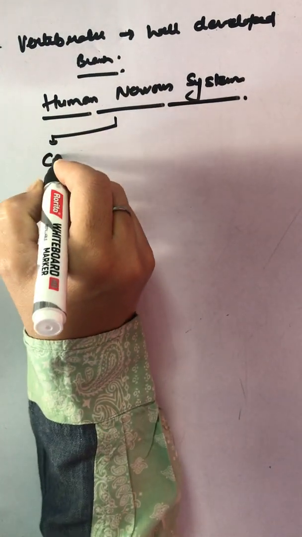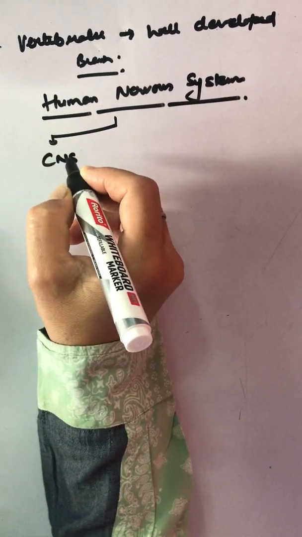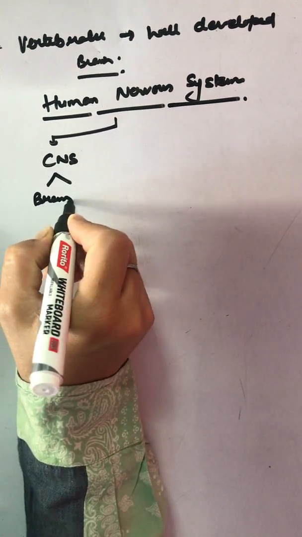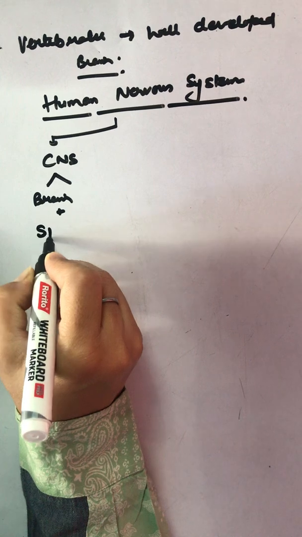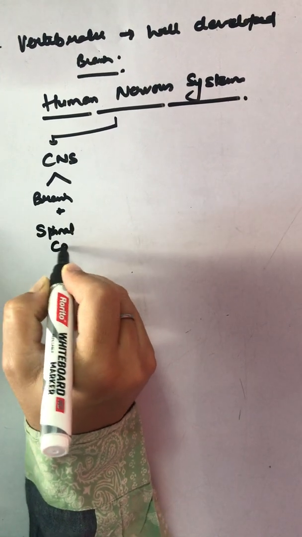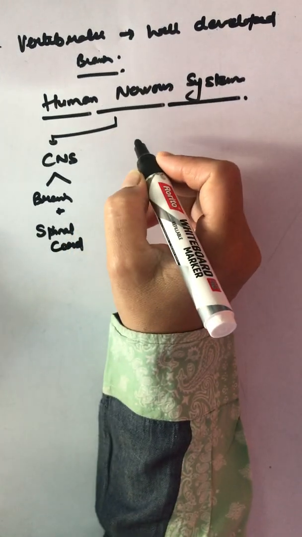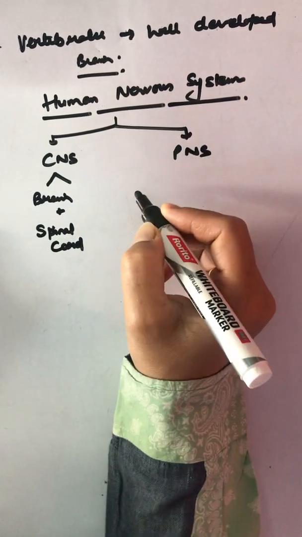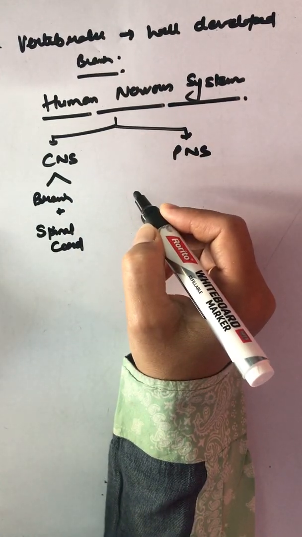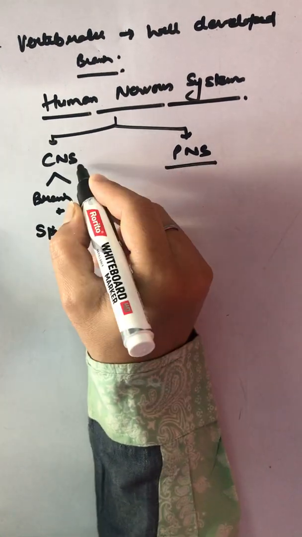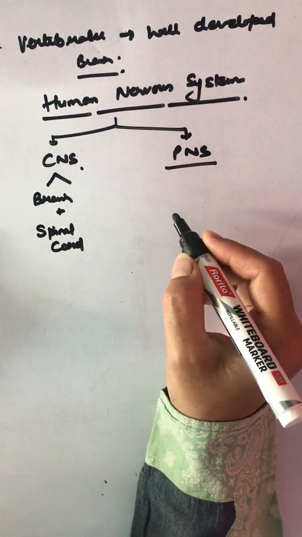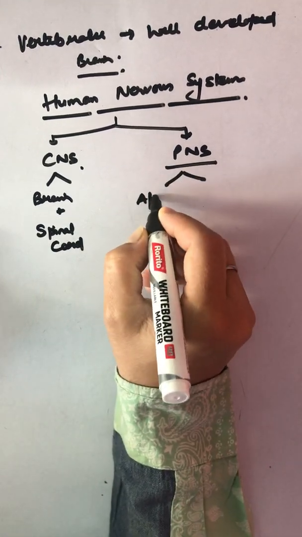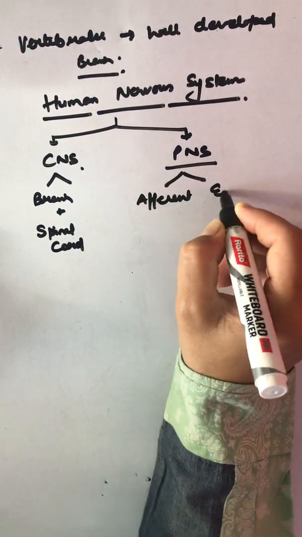In this system, it is divided into CNS, the central nervous system, which further comprises the brain and spinal cord. Then there is the PNS, the peripheral nervous system. Clear? It consists of nerves which are associated with the CNS network, and the nerve fibers of the PNS are of two types, afferent and efferent.